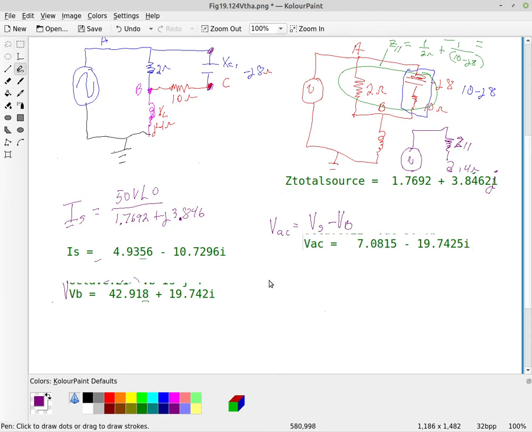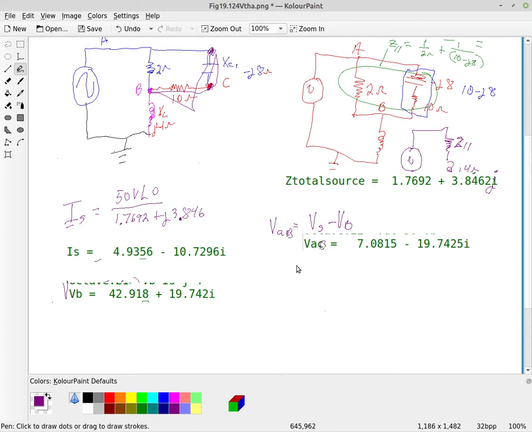And now I know the voltage from VA to VB, right? I'm sorry, I said AC, but that was actually AB. That was the voltage VAB.